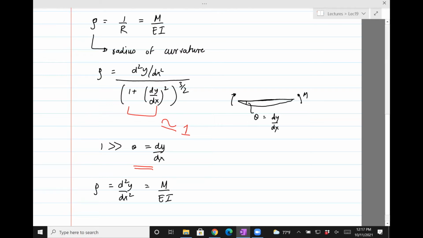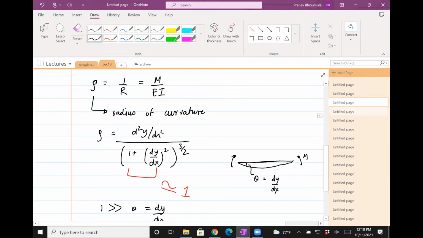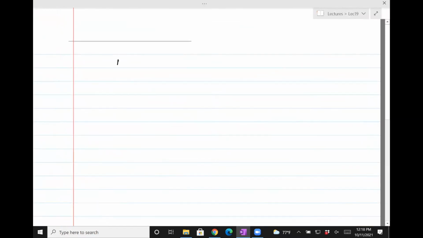Okay, so what's going to follow is basically taking this formula and writing it in different ways. We have M, but we could also have a shear force V. We could also have a bending load, a uniformly distributed load W or Q, and then we need to relate all of them to the deflection y in some way. So what I can do is write the following. I just wrote down M equals EI d squared y by dx squared.